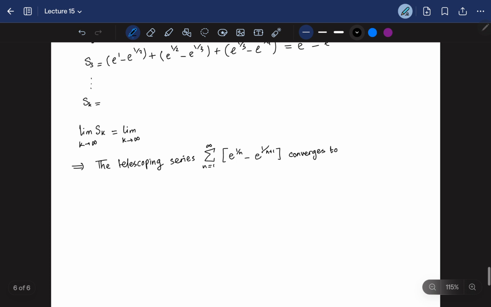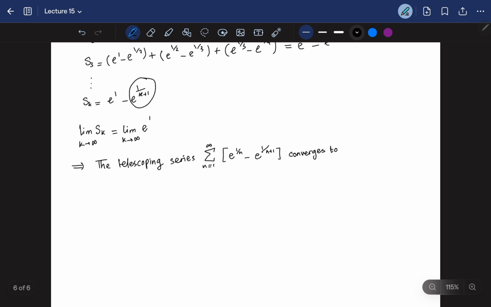If you keep going until the kth partial sum, you're going to get e to the 1 minus e to the 1 over k plus 1. Because you're going to cancel a lot of terms, you're going to end up with the first and the last term only. So now if this converges, then the sequence of partial sums converges.